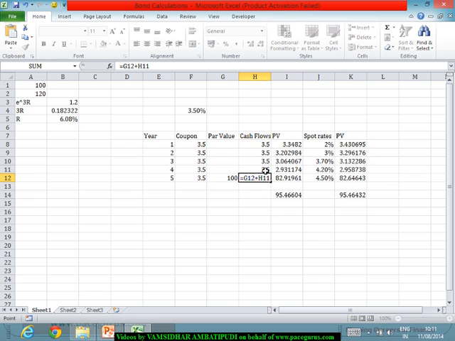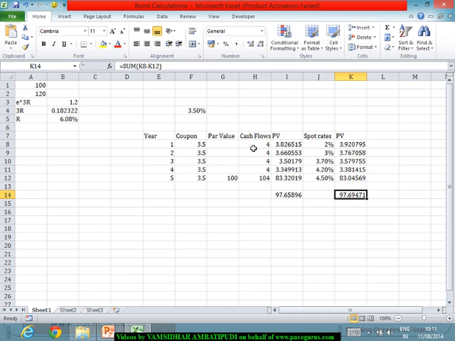See, if I take, let's say here, instead of 3.5 I make it 4. Now this present value has become 97.69. Rather than that I make it 5. It has gone to 102. If I make this 4.5, almost 99.92, 4.52, 100.